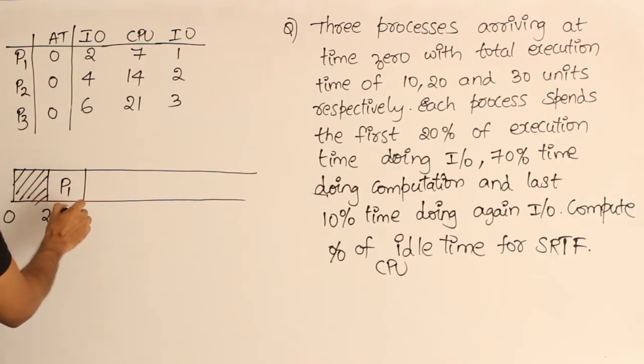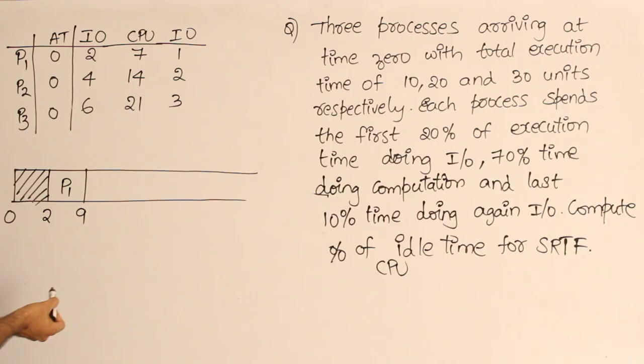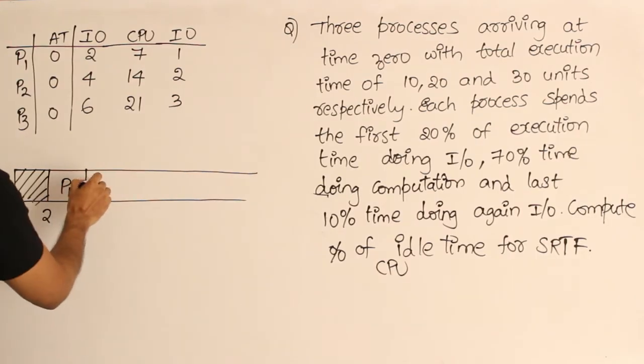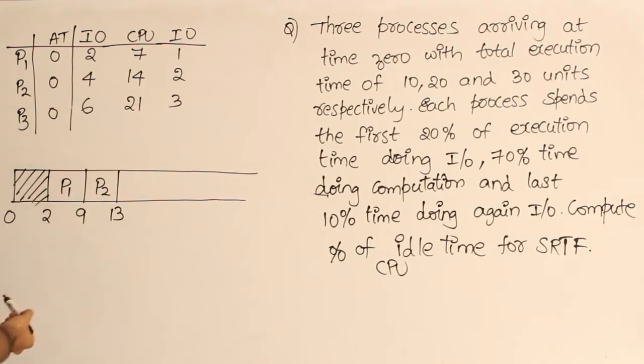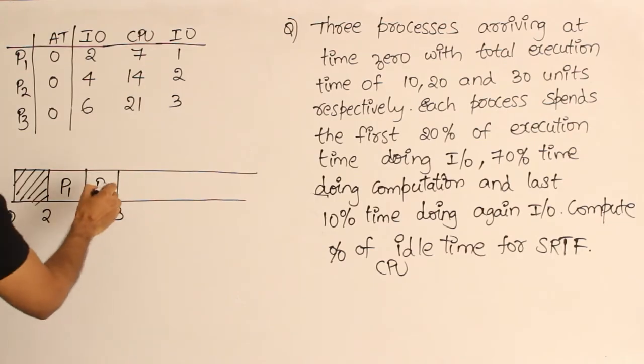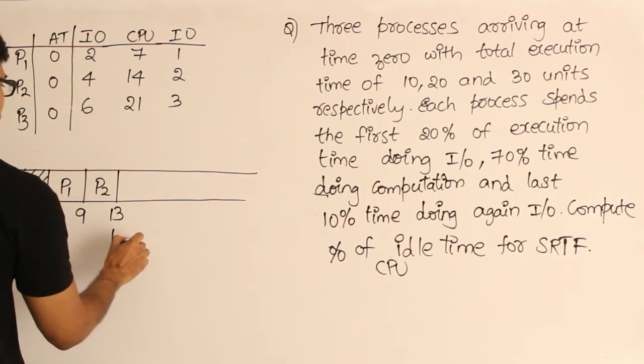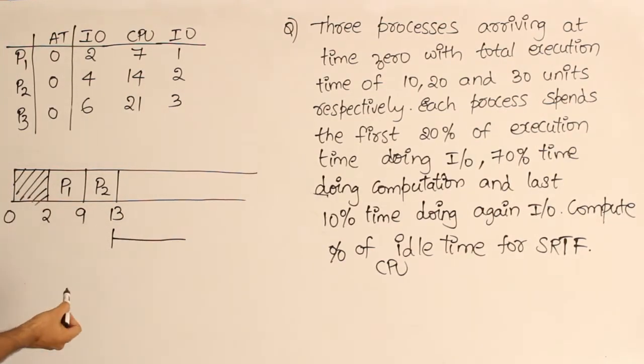So I can run it till completion, till 9, right? By time 9, both P2 and P3 will be available. But then what should I run? I should run P2, because P2 is the shorter one. Therefore I am going to run P2 for 4 units, which means till 13. And then P2 will go for IO. So till how long will it go for IO?